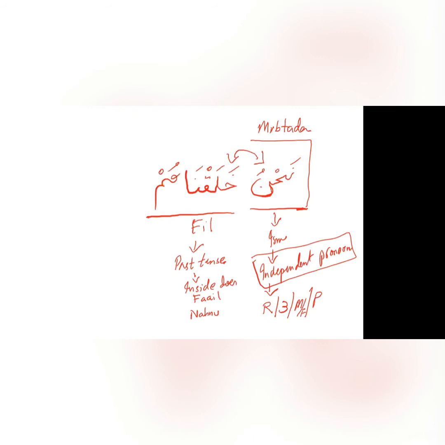Okay. So you have the fail, you have the fail. What is hum? Is it an ism, fail, or harf? Ism. What type of ism is it? It's an attached pronoun. Analyze it for me. What is the status?